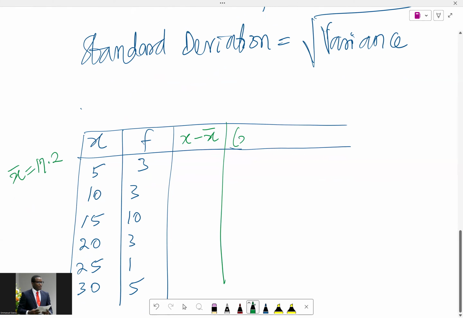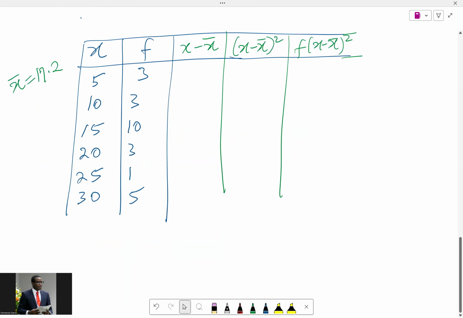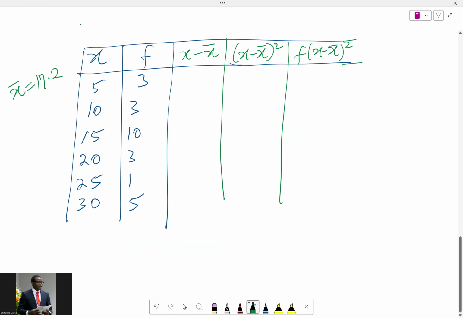And then we need the square of x minus x bar. And then we need f times x minus x bar squared, rather. So when all of that is achieved, you can sum it up, and that's what we need. So here, x minus x bar, that's 5 minus 17.2.